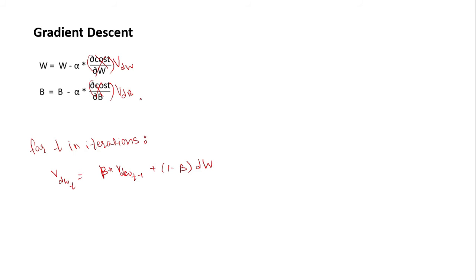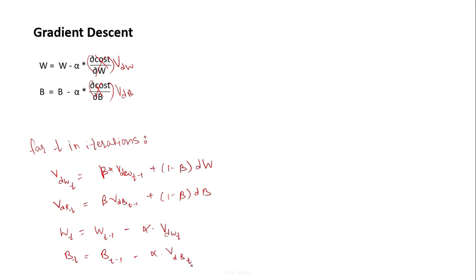Now this dW is nothing but del cost by del W. Similarly, Vdb t is equal to beta times Vdb previous plus 1 minus beta multiplied by db, and we will update the weight at that iteration as W t minus 1 minus alpha multiplied by VdW t, and similarly b t. Here I'm writing this t just for more clarity, but overall it just represents this equation.